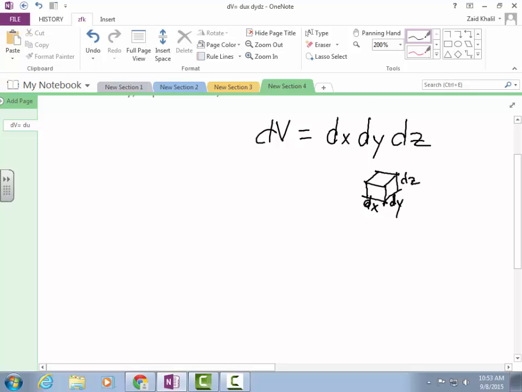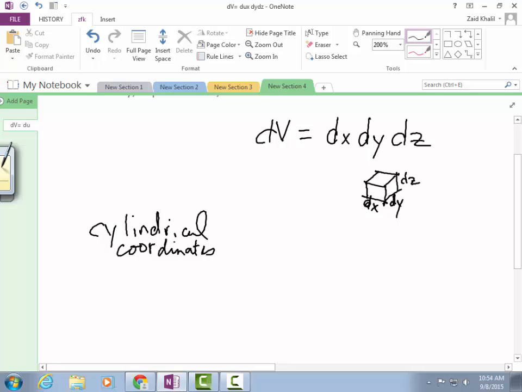There are two types of polar coordinates in three dimensions. One is called cylindrical, and the other is called spherical. Let's deal with cylindrical first. You've already dealt with this on some level.